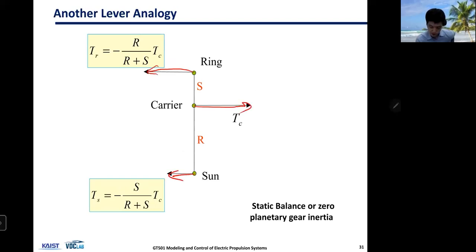Oh, by the way, one confusion you can easily fall into is, in reality, this is torque, right? But because we used a lever analogy, from this visualization point of view, it looks like a force.